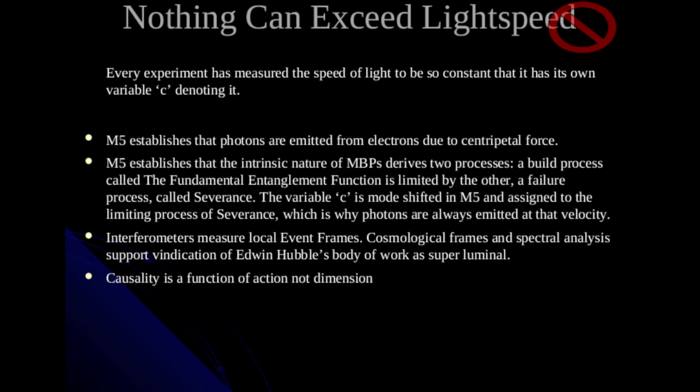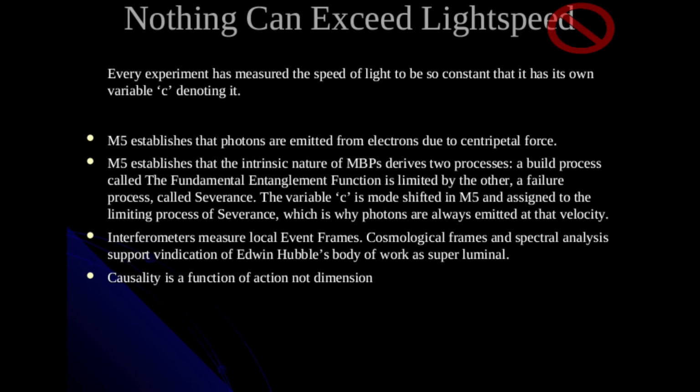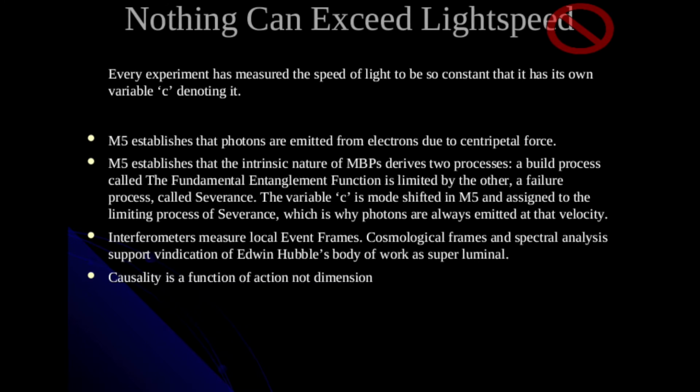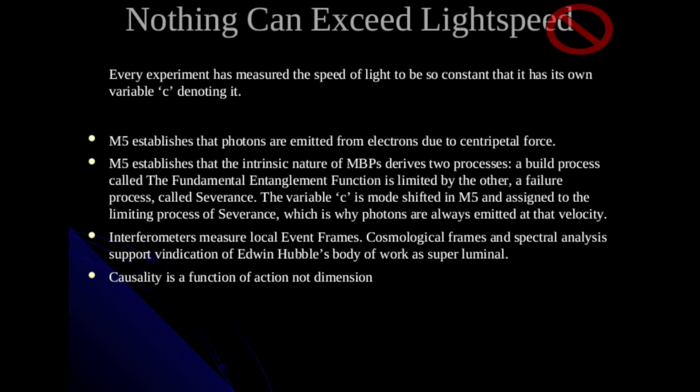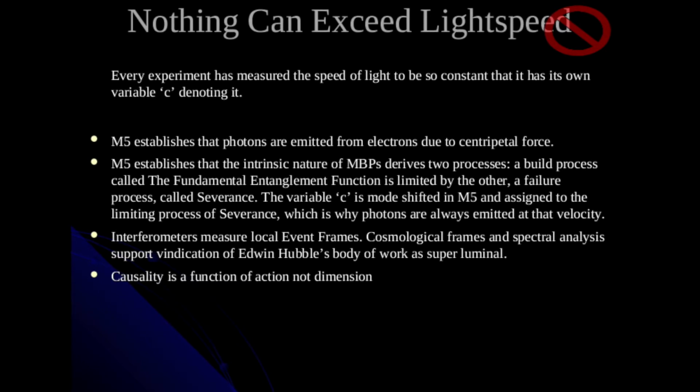C gets mode shifted to severance in M5, and when you step back and look at other equations, and you realize that C is severance, not the speed of light, those other equations suddenly make a great deal more sense than they otherwise would have. This is a very insightful, awe-inspiring, jaw-dropping moment when you encounter those and start putting them back into this context.